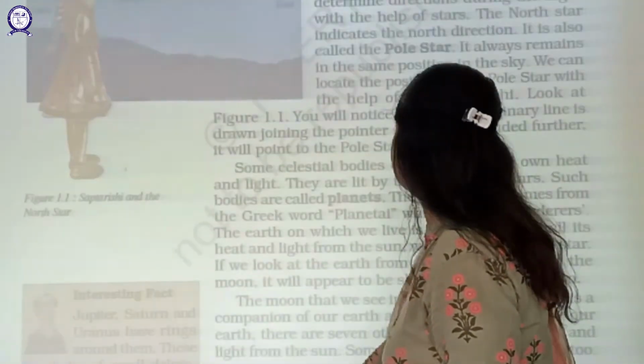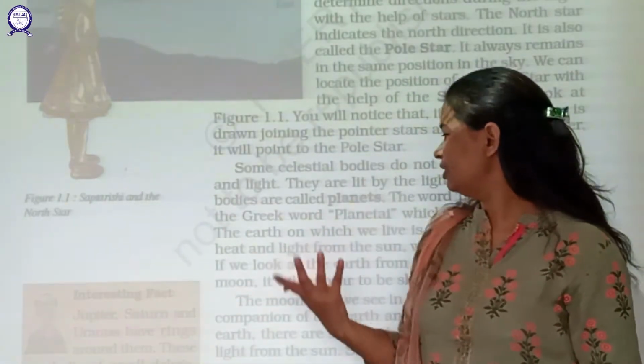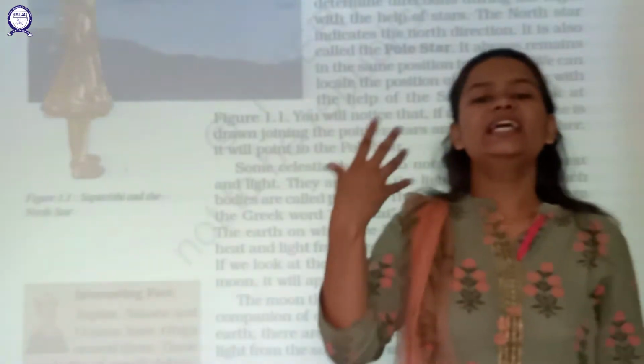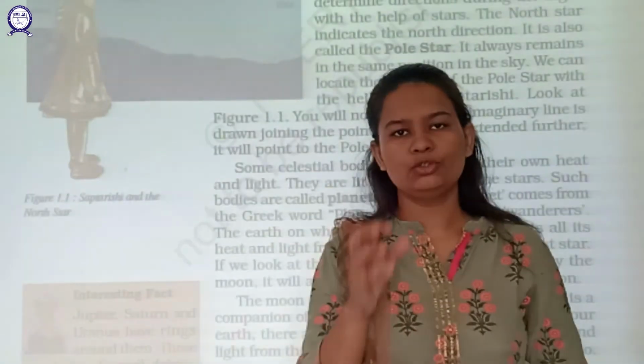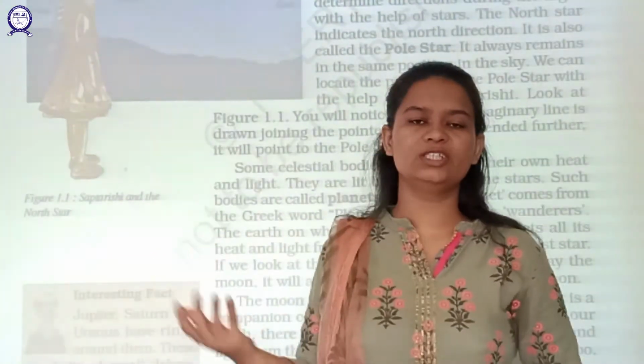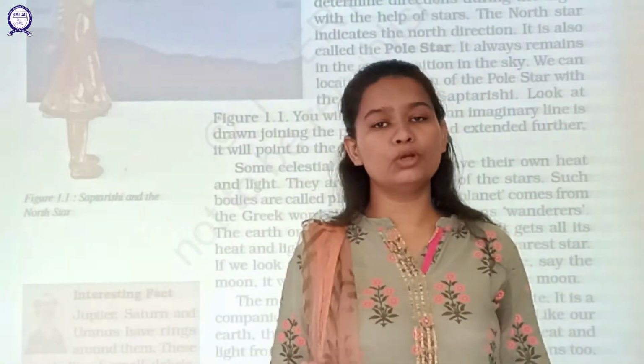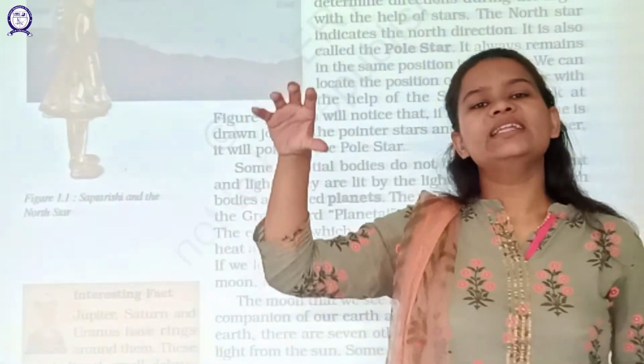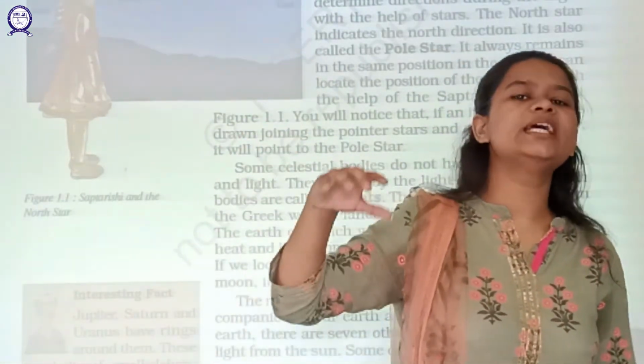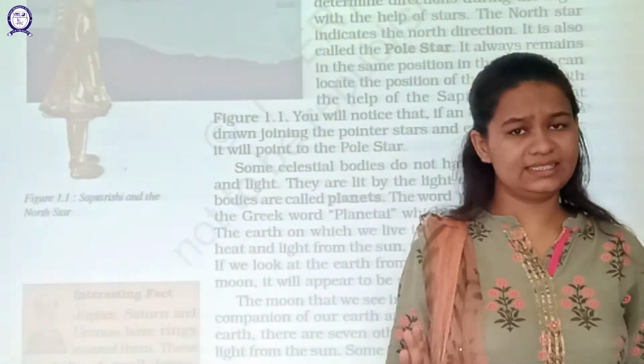Moving ahead, students, what are celestial bodies? I told you that stars are celestial bodies. Basically, celestial bodies means tiny or small bodies. We discussed that stars have their own heat and light, and they are celestial bodies.